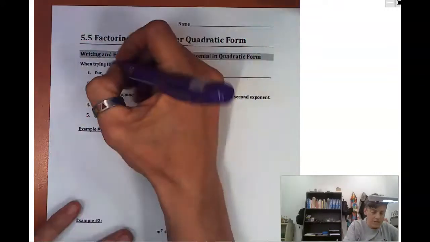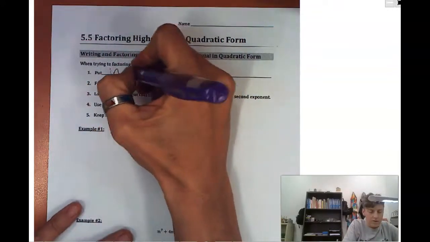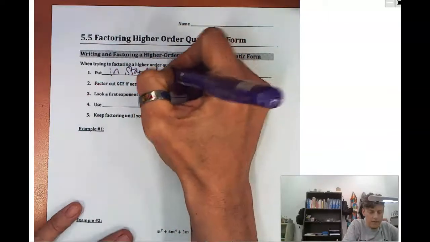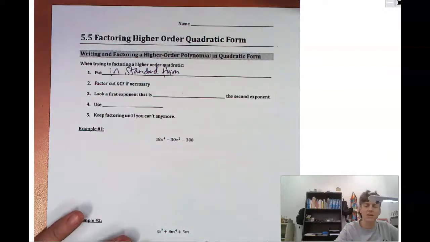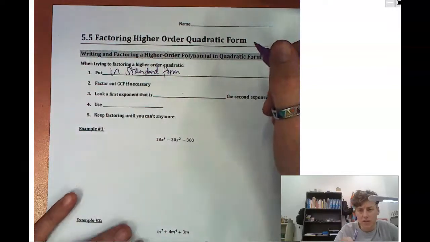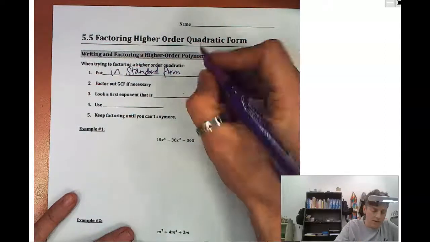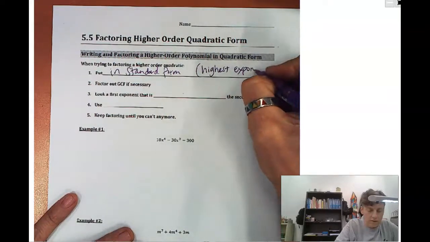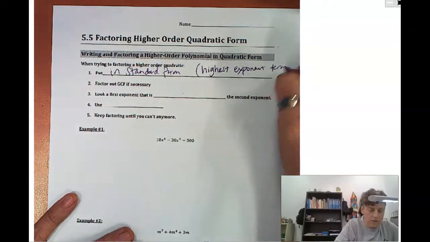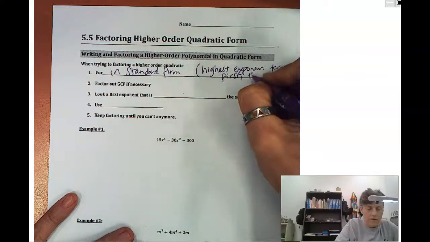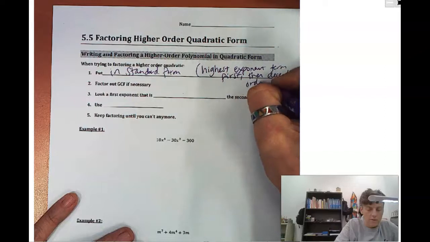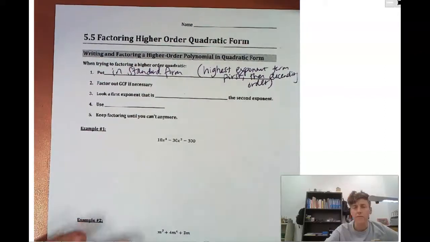Put in standard form, which is going to mean highest exponent term first, and then descending order. Okay? Factor out a GCF if necessary, of course.